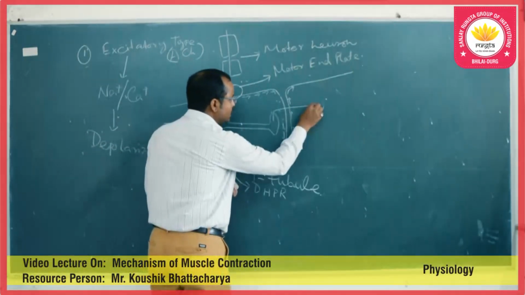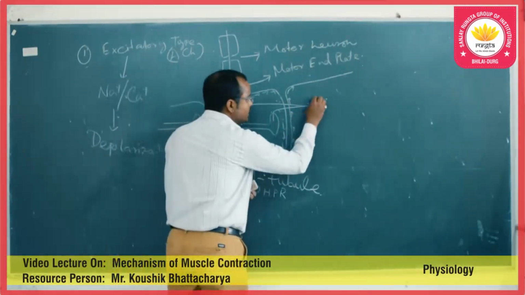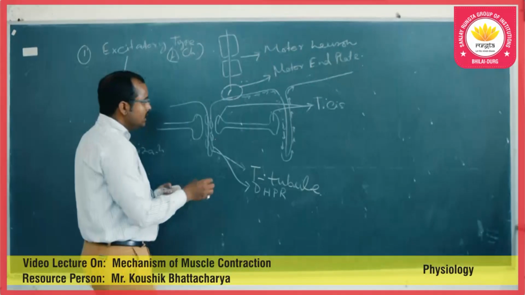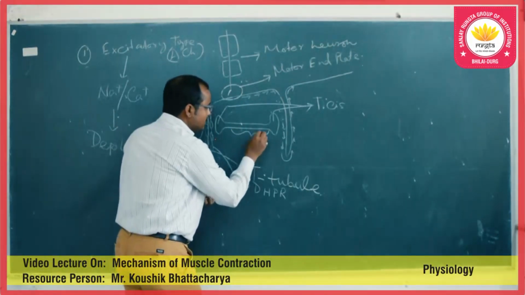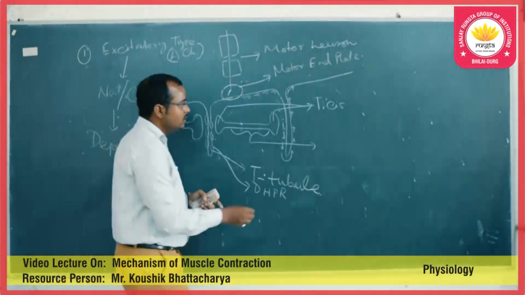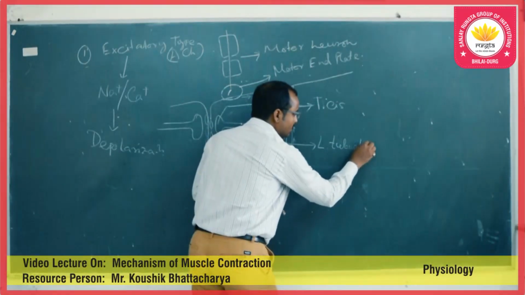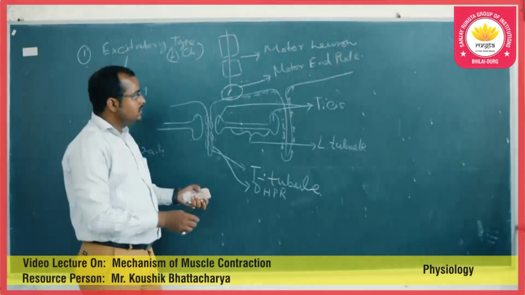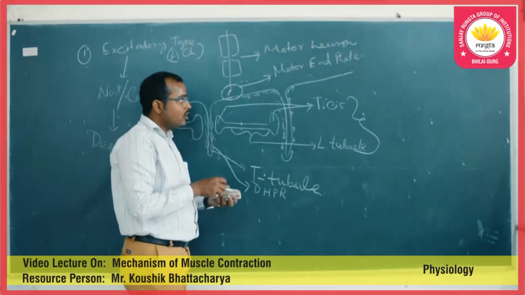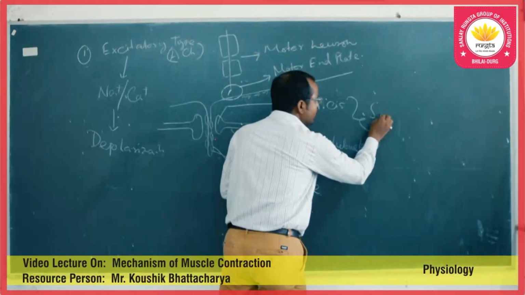So these two different parts are known as the terminal cisternae, whereas this area is known as the longitudinal tubule. And these two are units of a common structure, that is known as the sarcotubular system.